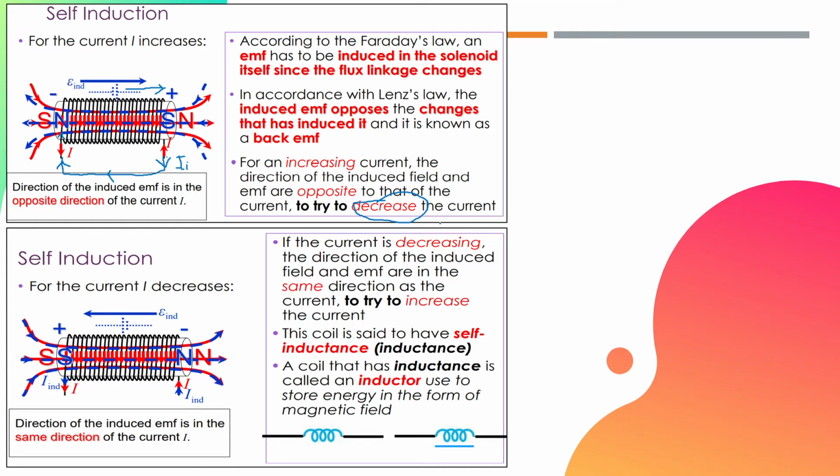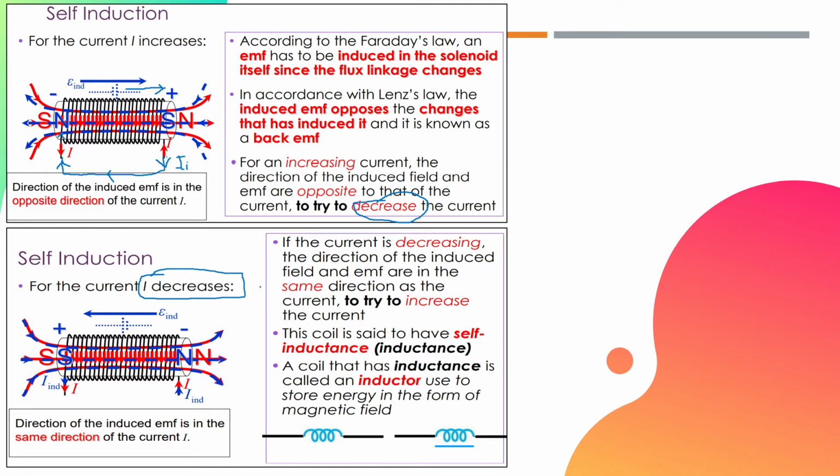Okay, conversely, if the current I decreases, we try to increase R, the resistance, so I, the red color here, the amount of current I will be decreased. And what happens if the current is decreasing? The direction of the induced field and the direction of EMF are in the same direction.